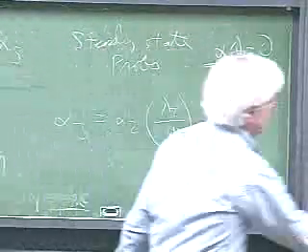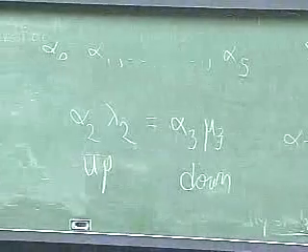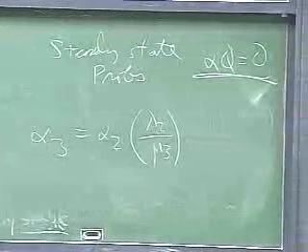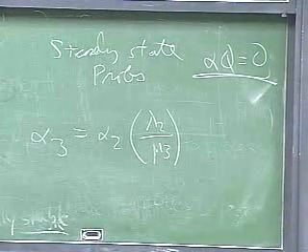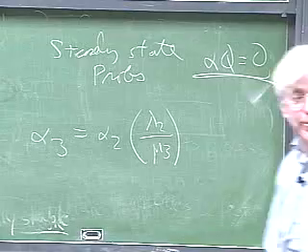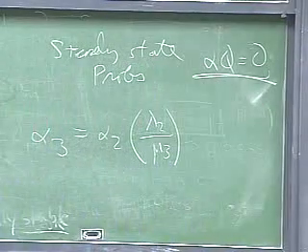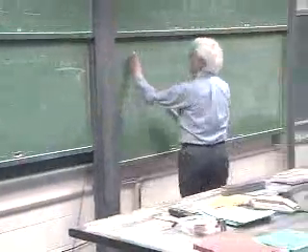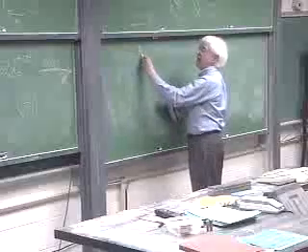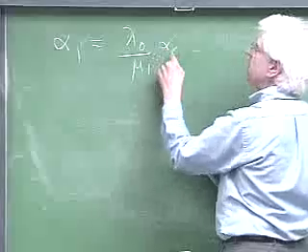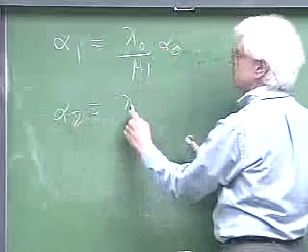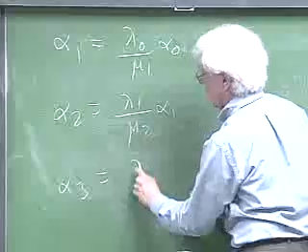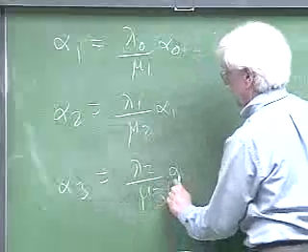I've lost interest in Michael and Sean and the barbershop and have abstracted it so that we've got this general birth-death process. We end up with alpha 1 equals lambda 0 over mu 1 times alpha 0, alpha 2 equals lambda 1 over mu 2 times alpha 1, alpha 3 equals lambda 2 over mu 3 times alpha 2.